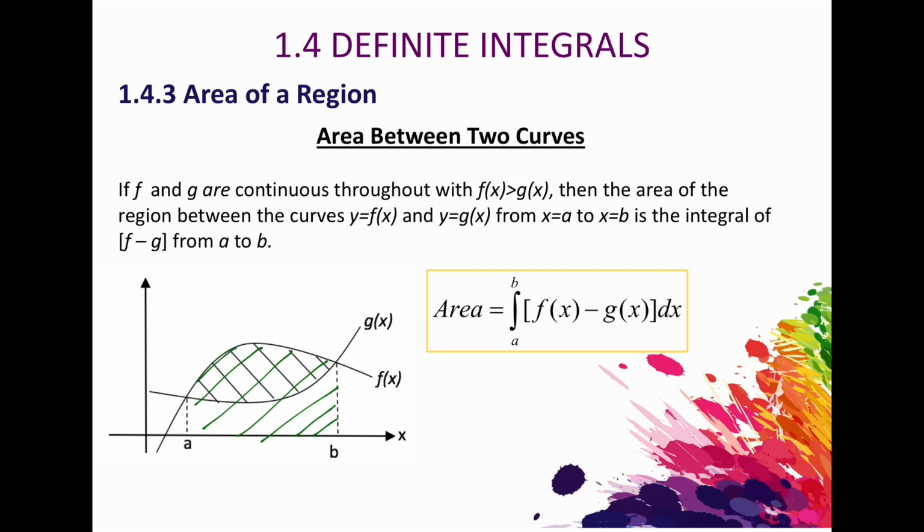But we don't want the pink area. The pink area is actually represented by the integration of g(x). So if we integrate f(x) and then take away the integration of g(x) from that, we're going to get the area enclosed by the two curves.